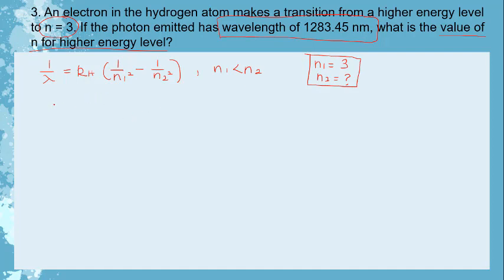Next, substitute all the information given in the question. But be careful here, guys. The unit of the Rydberg constant is per meter, so we need to convert the unit of wavelength from nanometer to meter. So 1283.45 nanometer equal to 1283.45 times 10 to the power of negative 9 meter.